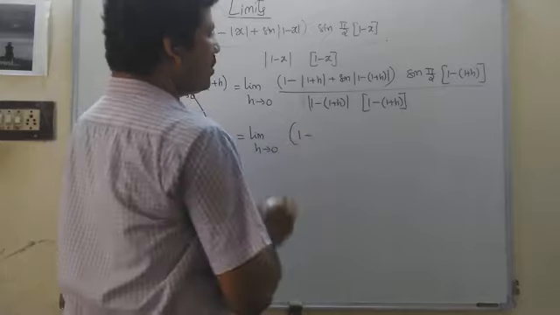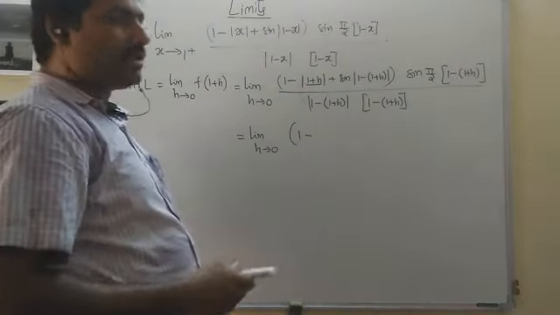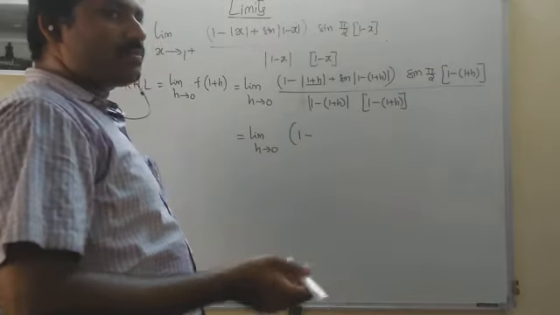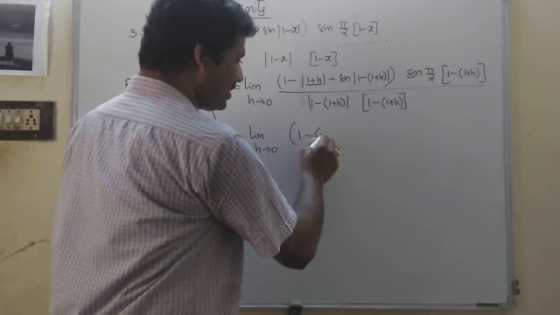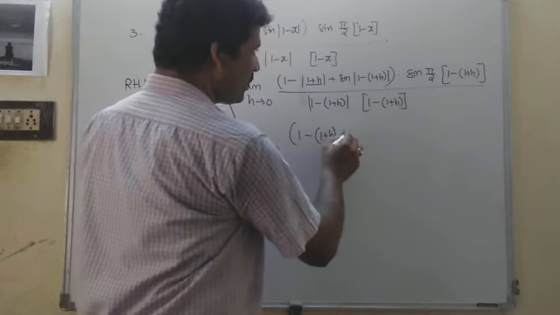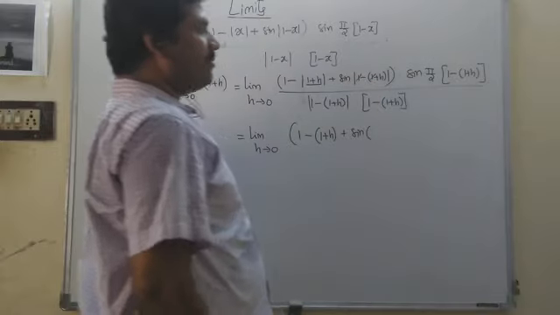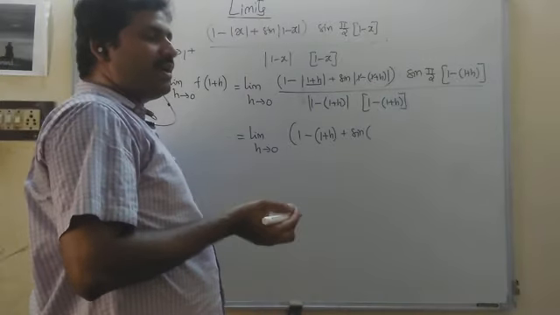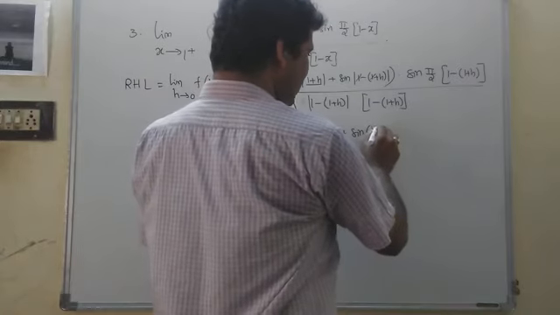1 minus. What is the mod of 1 plus h? 1 plus h is the positive quantity. H is 0.1. 1 plus 0.1 is 1.1, that is the positive quantity. So mod of 1 plus h is just 1 plus h, plus sin, the 1 gets cancelled, minus h. What is the mod of minus h? Mod of minus h is h only, that is sin h.